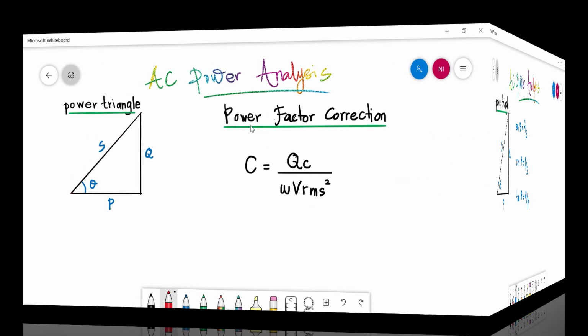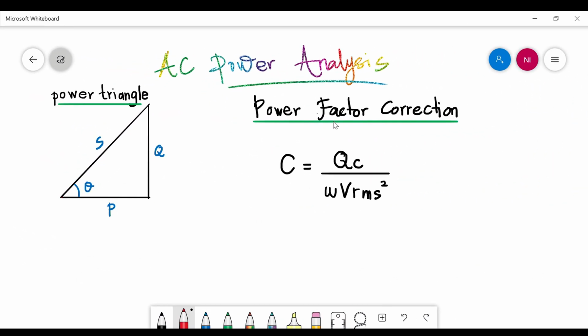Okay, the last subtopic is power factor correction. In order to get this, you must get C. C is Qc over omega Vrms squared. So where is Qc? For power factor correction, there is a new power factor. The new power factor relates to theta new. So let's say here is theta new, and here is Q new. Here is Q total, obtained from the previous total complex power.